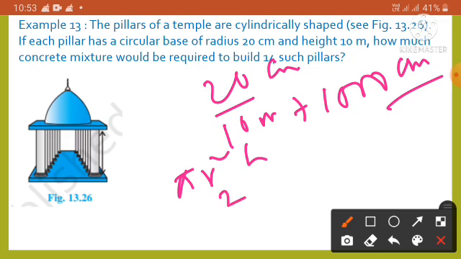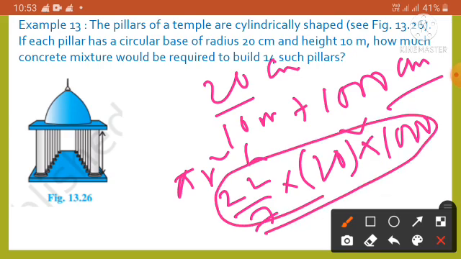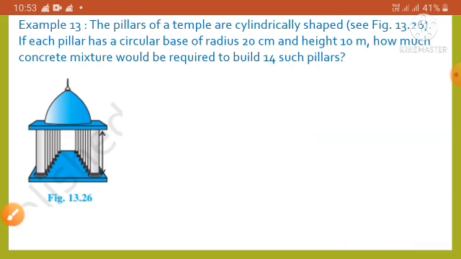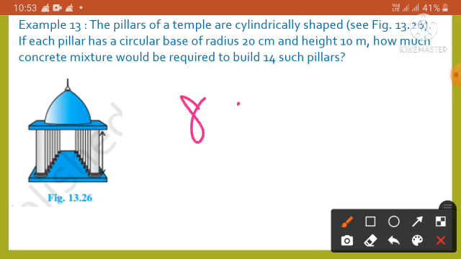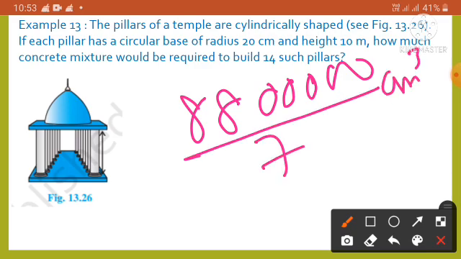So it will be 22 by 7 into r, which is 20, and then height, that is 1000. So here we are getting the value, it will be equal to 88,000,000 by 7 centimeter cube.